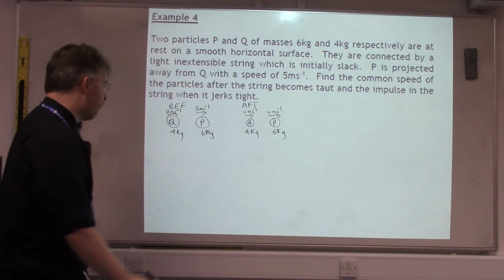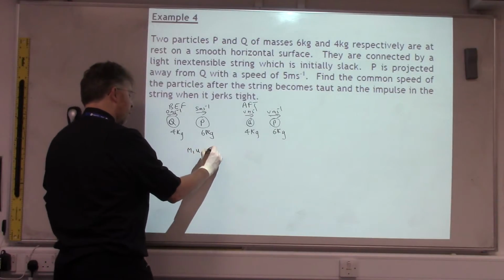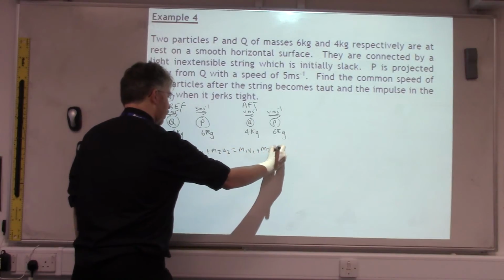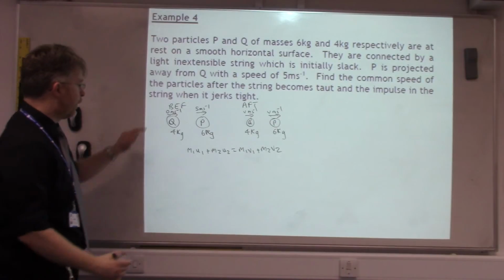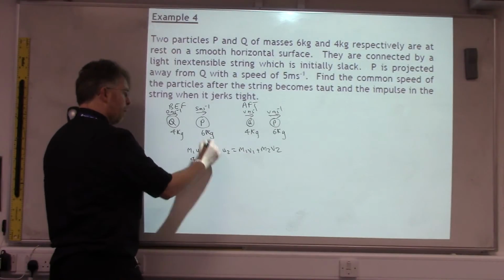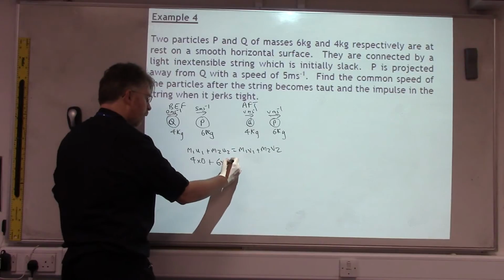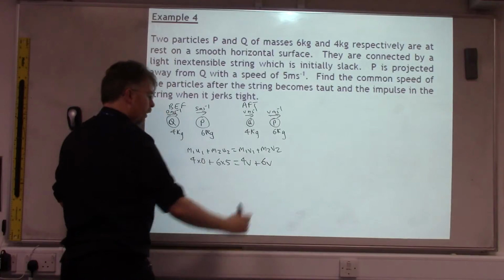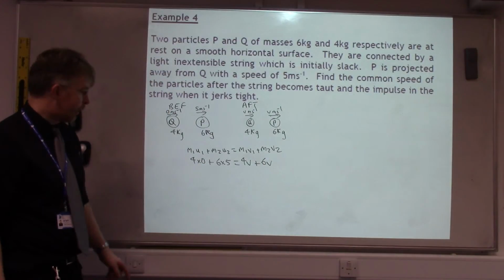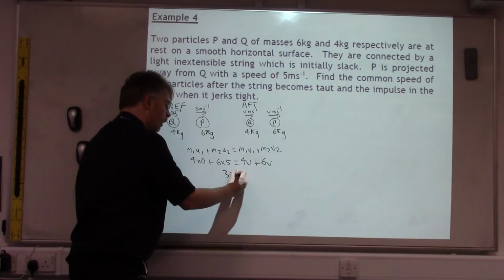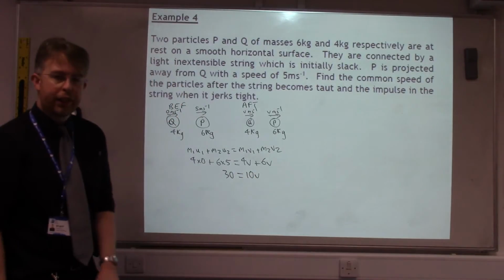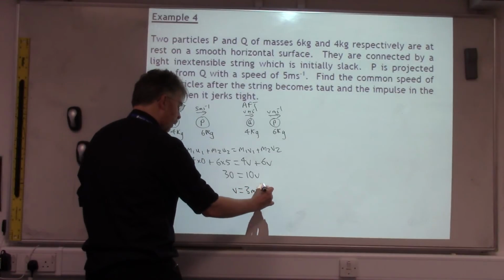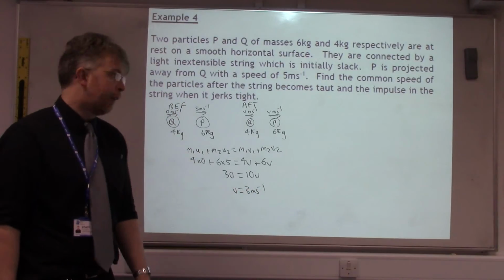So again, the conservation of momentum formula. So we have 4 times 0 plus 6 times 5 equals 4 times V plus 6 times V. So simplifying, the left hand side calculates to 30, the right hand side, collecting like terms, is 10V. Divide both sides by 10, and V is 3 meters per second.